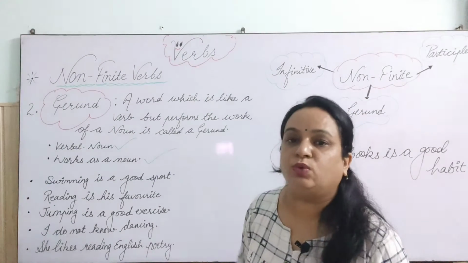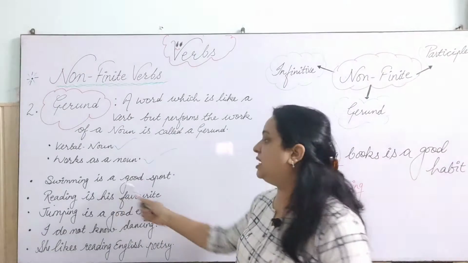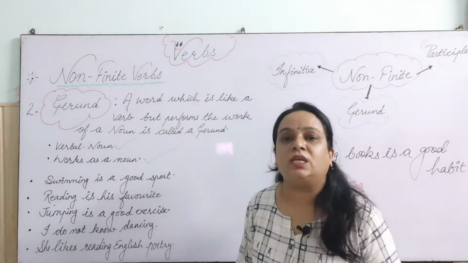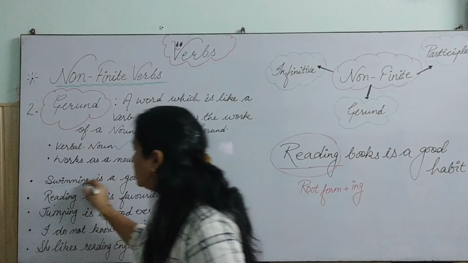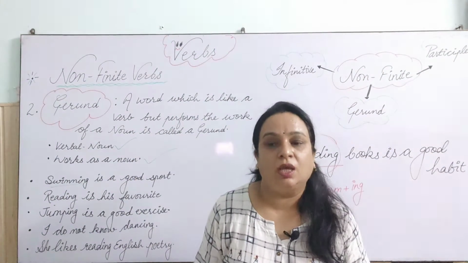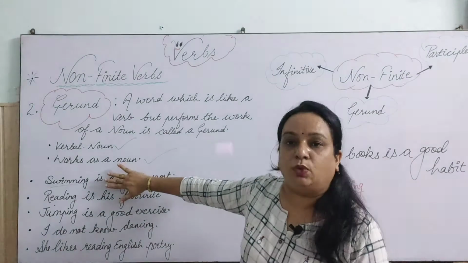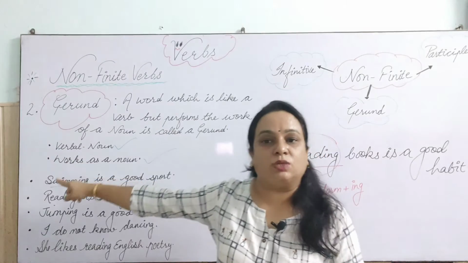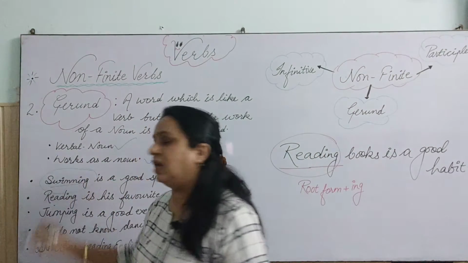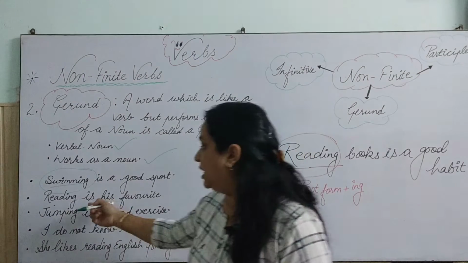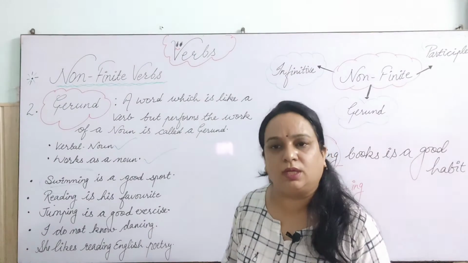Let's understand this with the help of example. First example says that swimming is a good sport. So what is verb here? Definitely it is swimming, because this is having root form plus ing. But this word swimming, what is good sport, right? So this is working as what? Noun here, right? So this swimming is what? That is gerund. Reading is his favorite habit, or reading is his favorite.